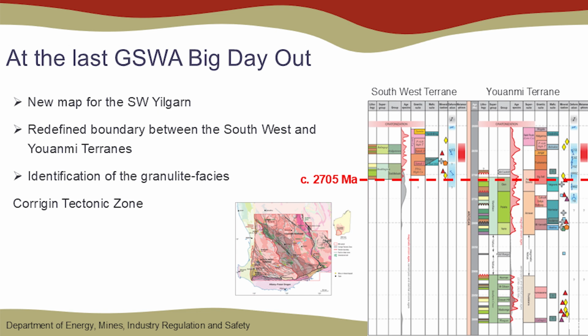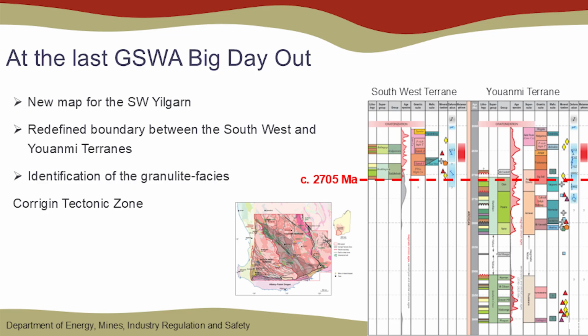The boundary was previously proposed to follow that gray line through here, and we moved it by about 200 kilometers towards the southwest along that red line here. We've also identified in this mapping what we refer to as the Corrigin tectonic zone that sits directly against the new proposed terrain boundary.